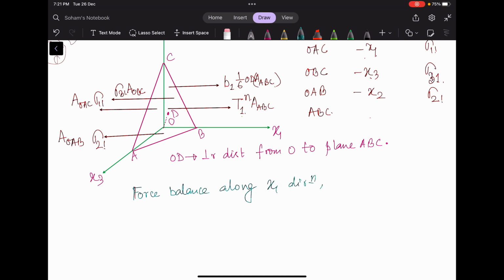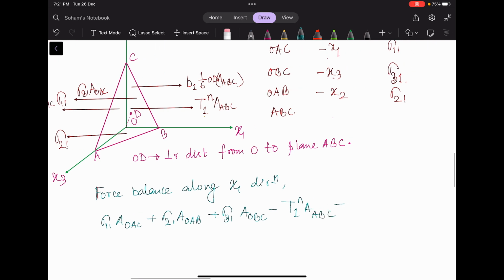So that will give sigma 11 area OAC plus sigma 21 area OAB plus sigma 31 area OBC, minus this into ABC, minus B1 1 by 6.